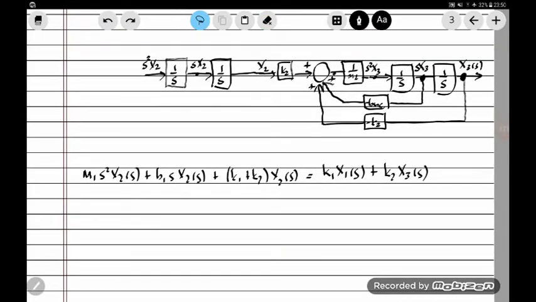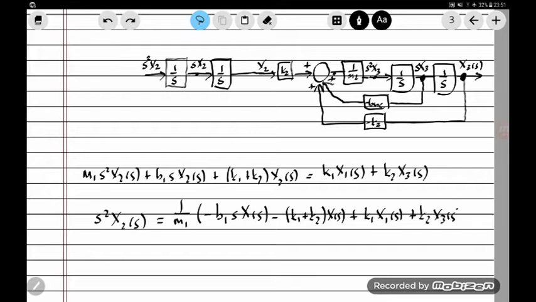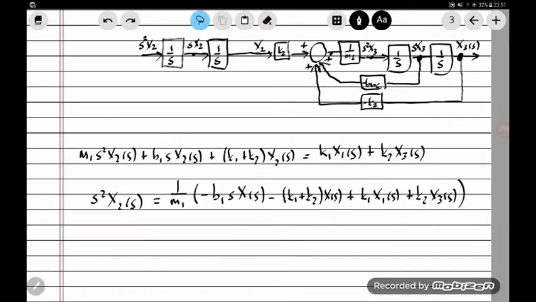If we do that, we get s squared x2 of s is equal to 1 over m1 times minus b1 sx2 of s minus k1 plus k2 x2 of s plus k1 x1 of s plus k2 x3 of s.